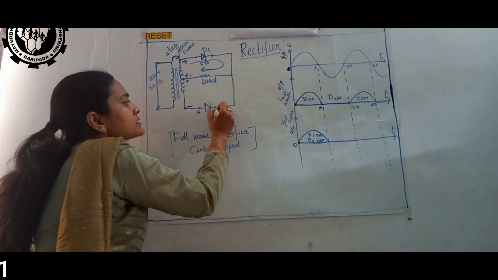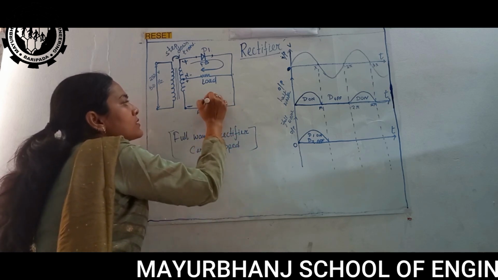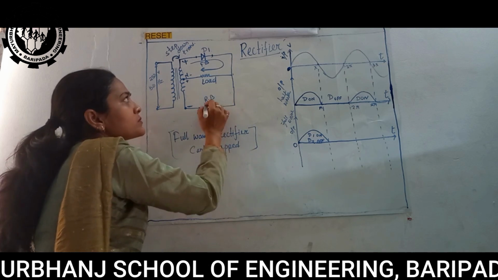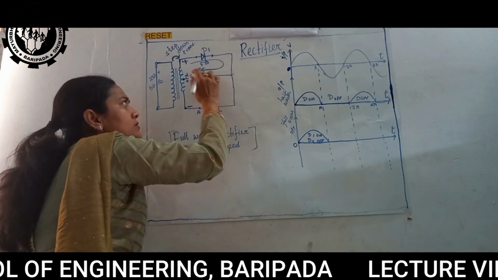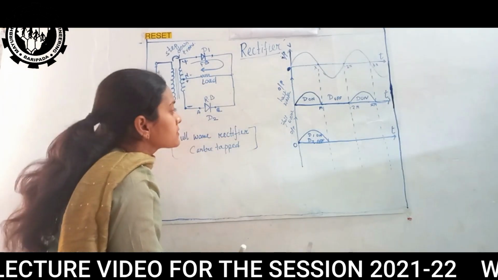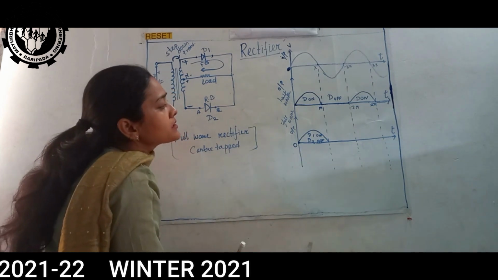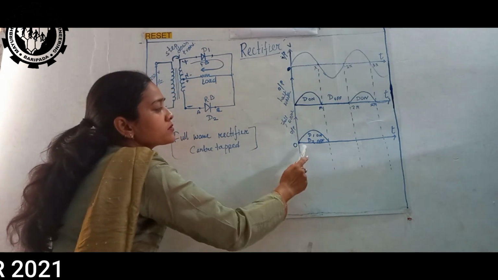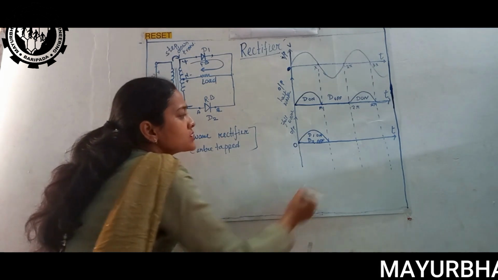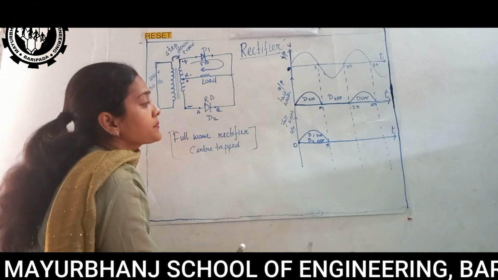This one is the anode and this is the cathode. Now at this point of time this is reverse biased, so the current is going to get through this closed loop, through this load R. So we are getting a waveform of D1 on and D2 off right over here, from 0 to pi.